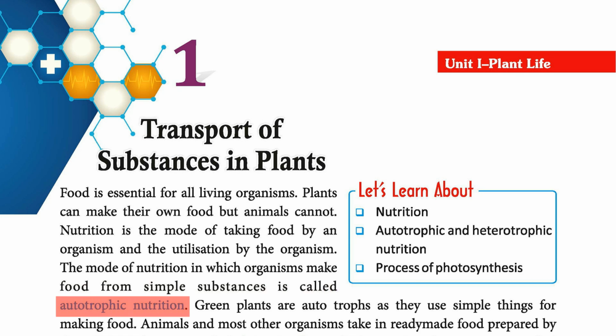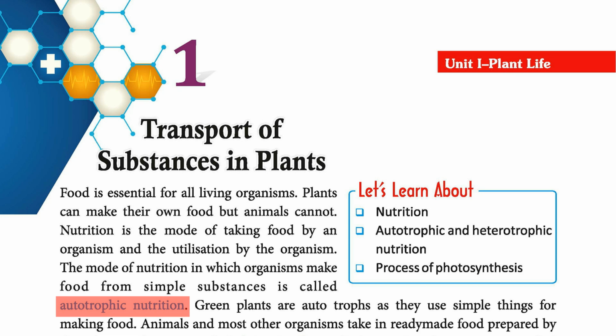So we all know food is one of the basic requirements for any survival on earth. Any living organism cannot live without food, water, air, sunlight. We all need all these things for our survival. So food plays a major role.